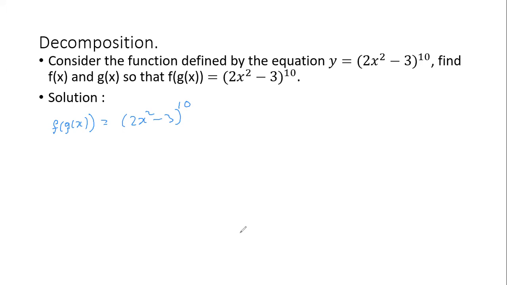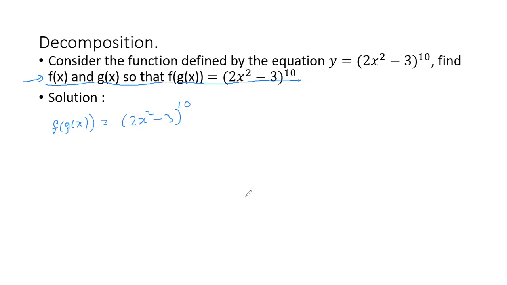If you just read this part, that is good enough. We can say the same question like this: find f(x) and g(x) so that f of g of x equals (2x square minus 3) to the power 10. Just this line. Okay, how do we do that?